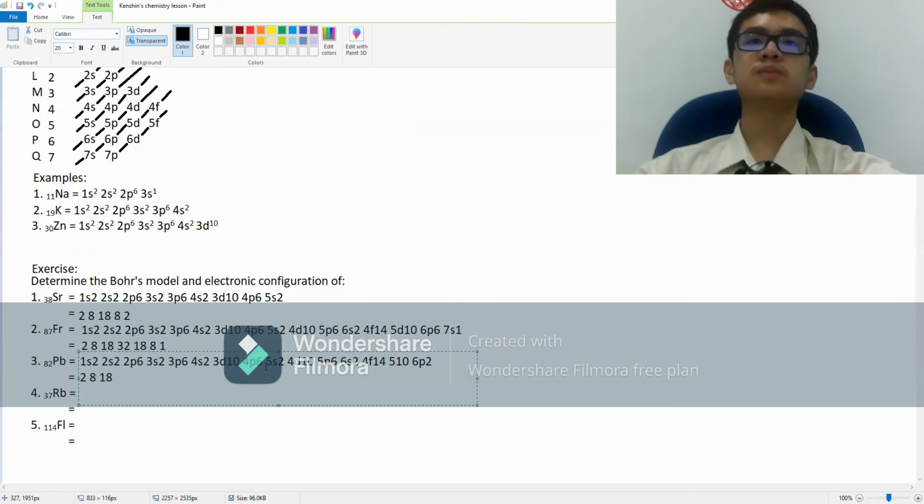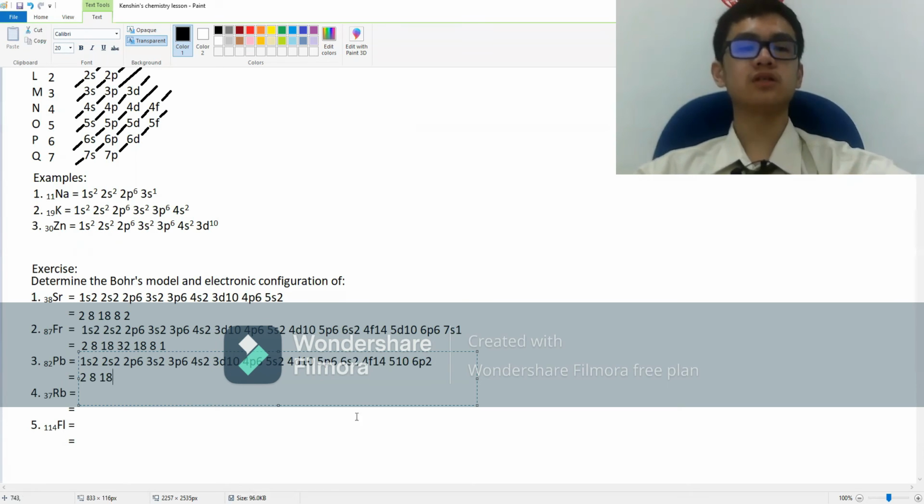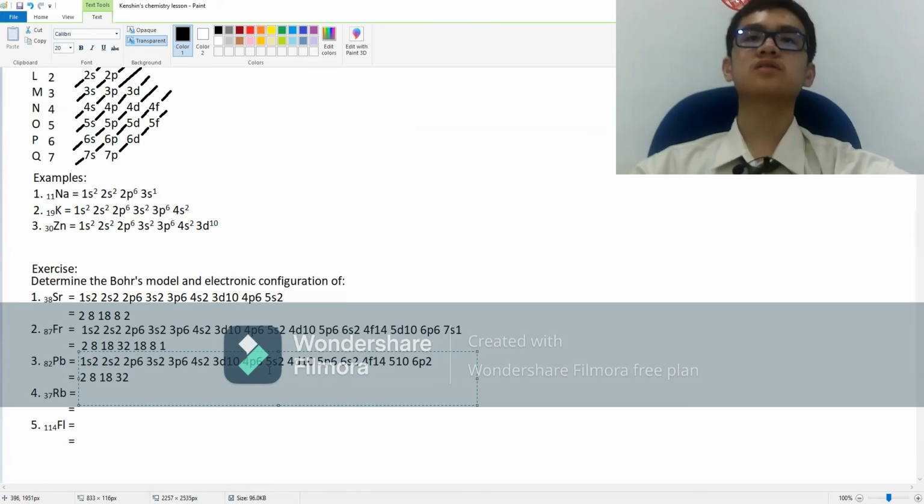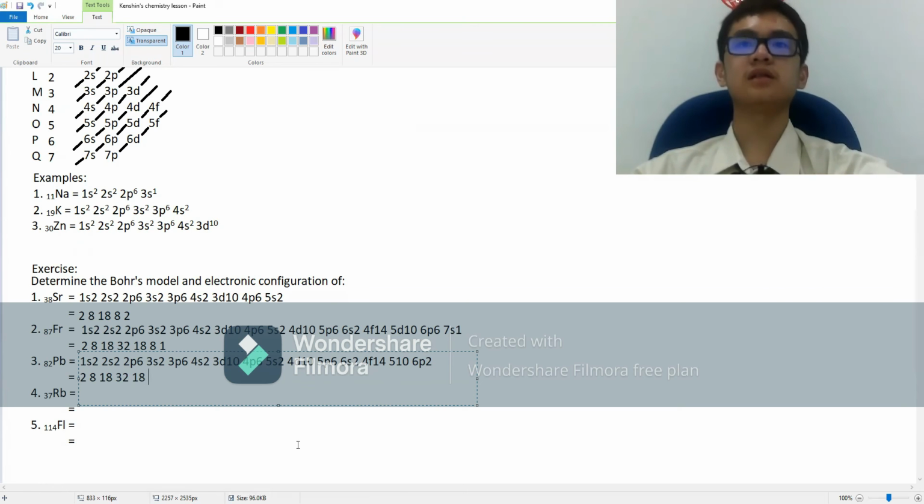Fourth shell has 2 plus 6 plus 10 plus 14, so it's still 32. The fifth shell has 2 plus 6 plus 10 is 18. And finally, we have the sixth shell, which only has 2 plus 2, 4. So that's the Bohr's model for this element. It's 2, 8, 18, 32, 18, and 4.